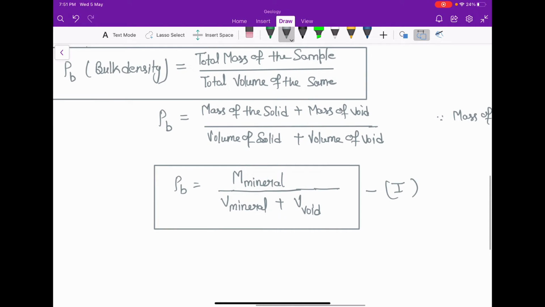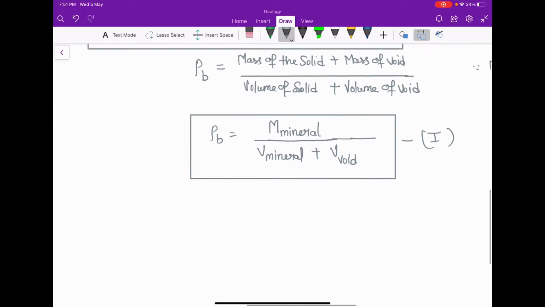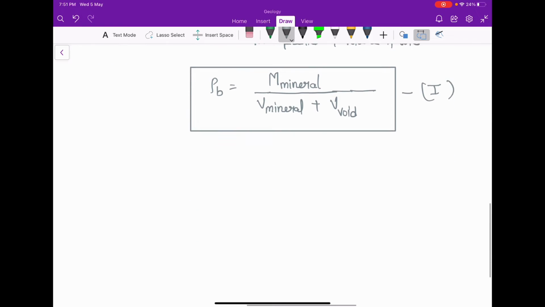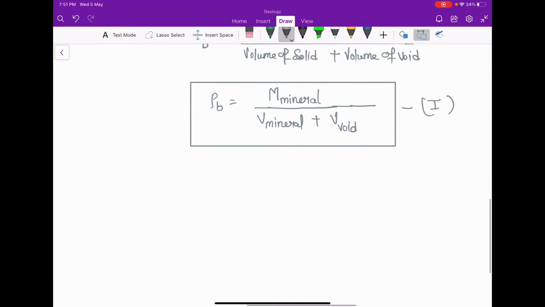Similarly, we can define the density of mineral, which will be represented by rho m.